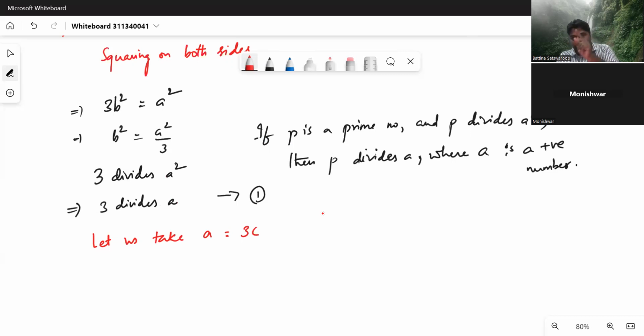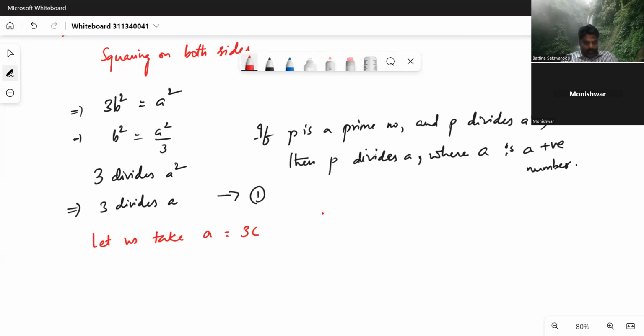If we were trying to prove for root 5, we would have taken a is equals to 5c. If we were proving for root 7, we would have taken a is equals to 7c. Because the case is here root 3, I am taking a is equals to 3c. Because I want to show that a and b are having a factor other than 1.